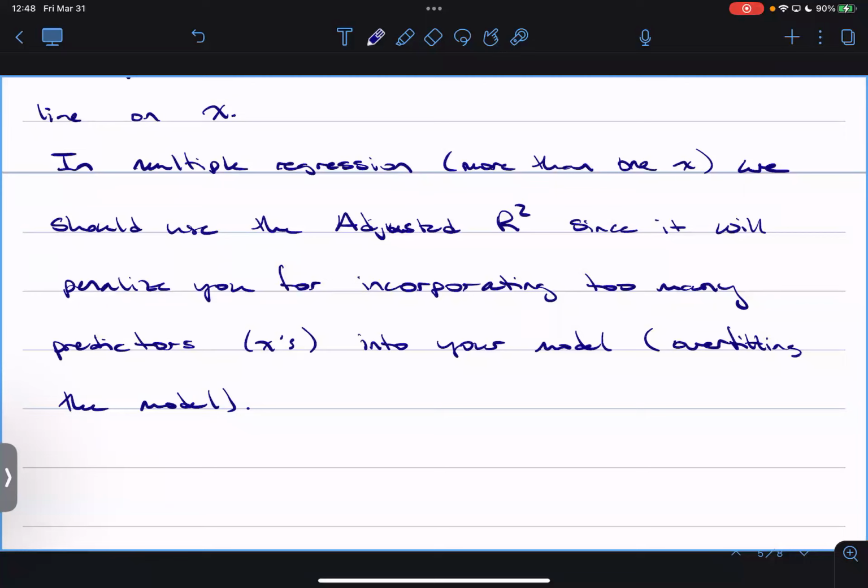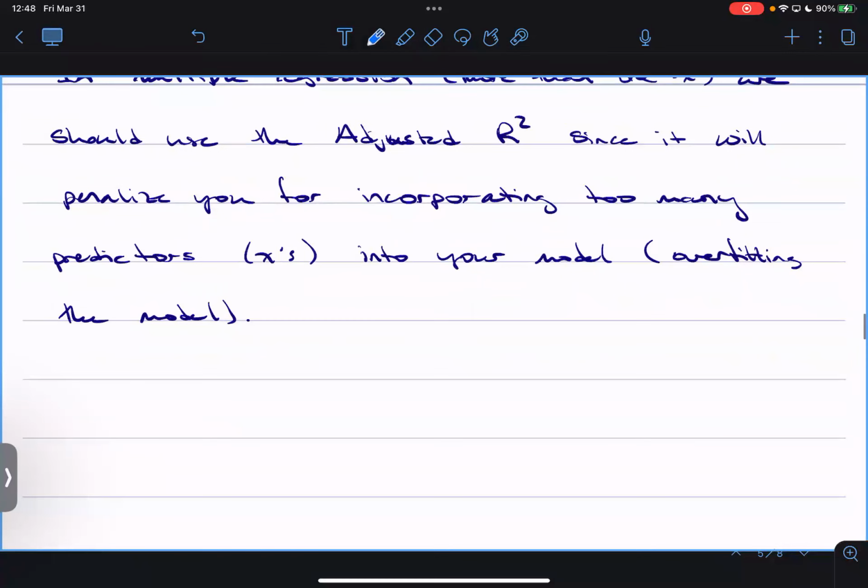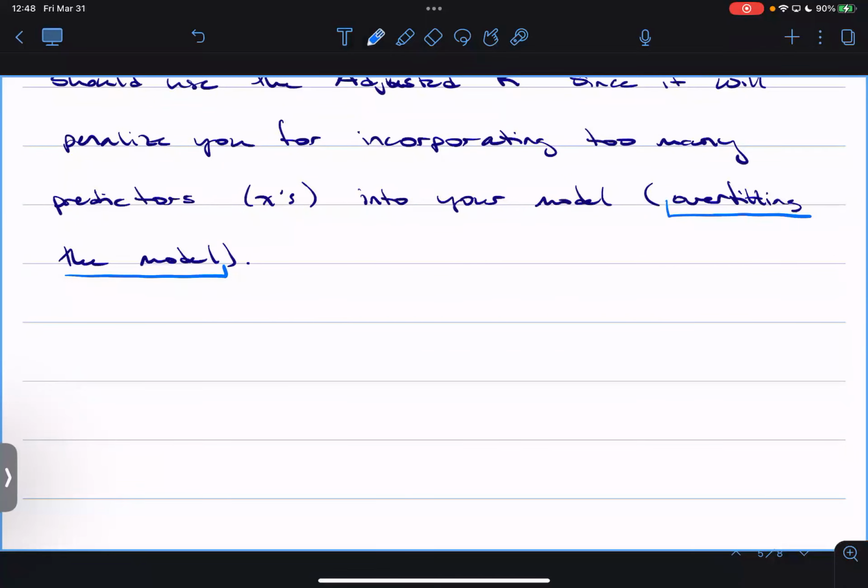But when you're trying to capture every single little thing in your original data set, then you're overfitting the model, right?